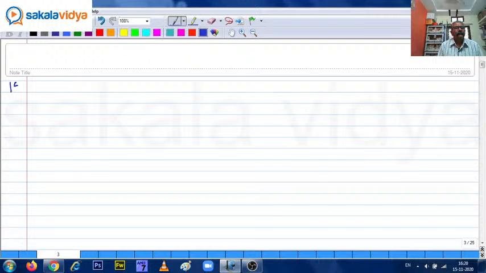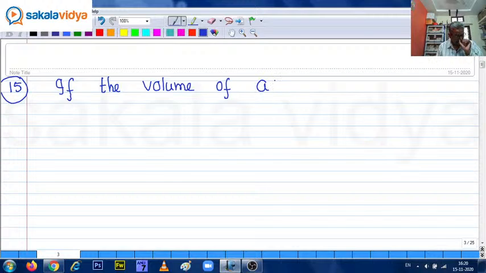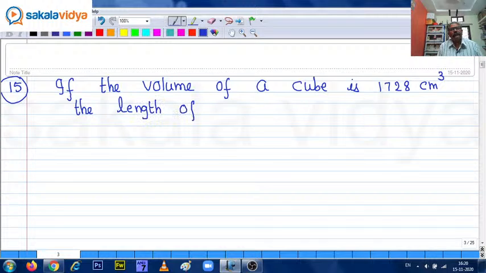15th question. If the volume of a cube is 1728 centimeter cube, the length of the edge, which for a cube is the side, is equal to.